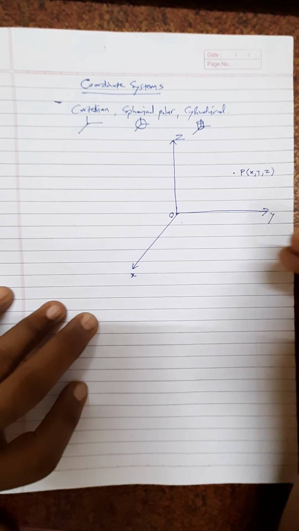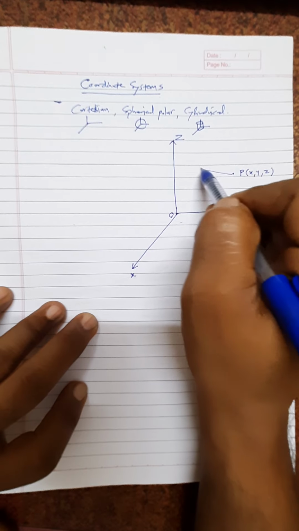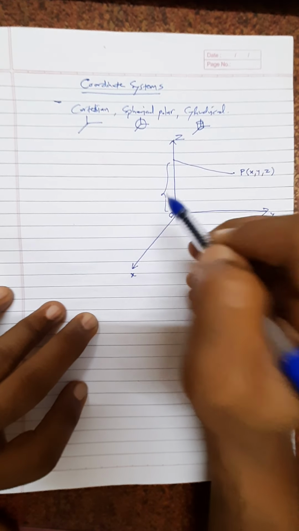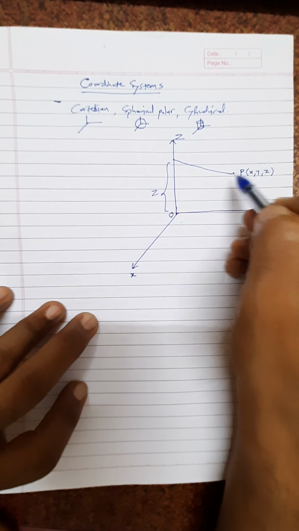Now how can we find the position? For that we will have to draw a perpendicular on the z axis from point P. If I draw a perpendicular like this, then this length is known as z. It is the z coordinate of the point.